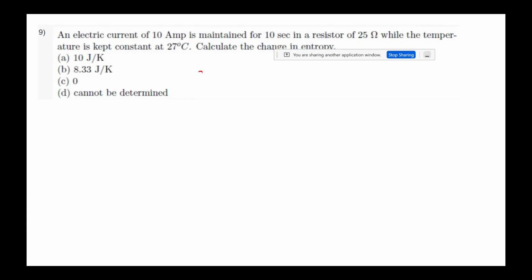Now, H is I square R T. I is 10 ampere, R is 25 ohm, for 10 seconds. That is calorie, right? Sorry, joule. Which would be the unit? Ampere squared ohm second. Let me get the unit.